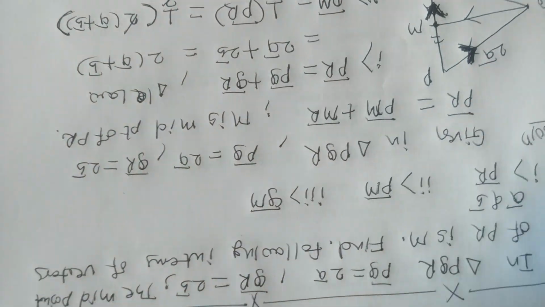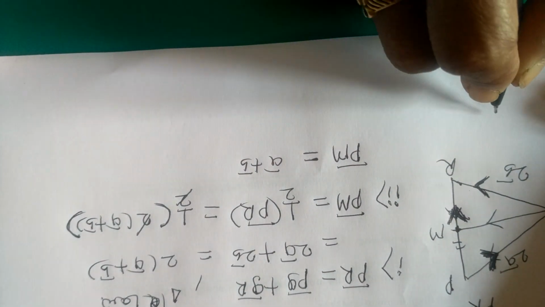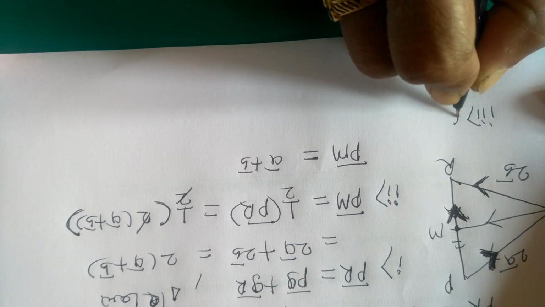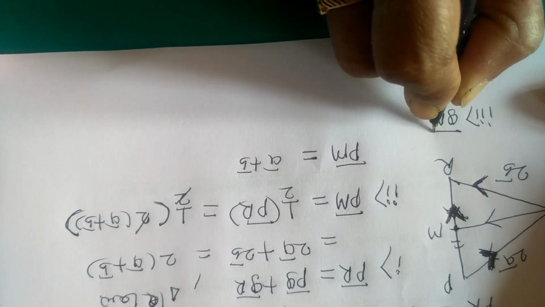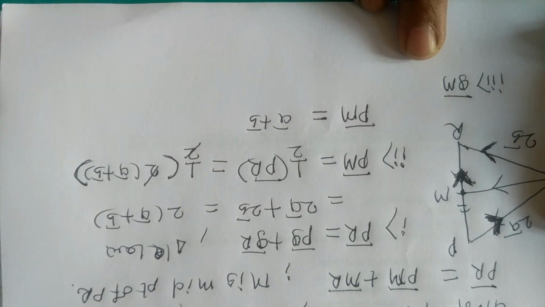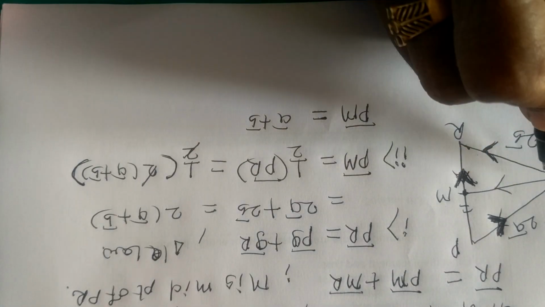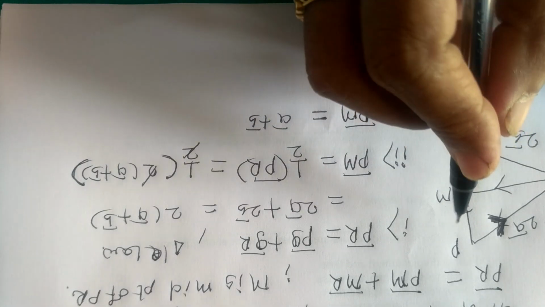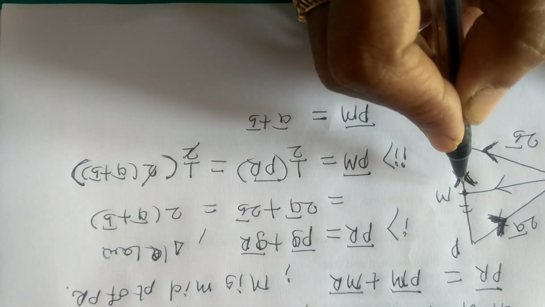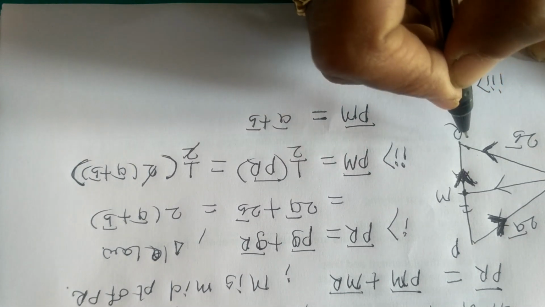Now the third question is to find the value of QM bar. QM bar is the segment joining the vertex Q and the midpoint M of the side PR. QM bar is nothing but QR bar plus RM bar.